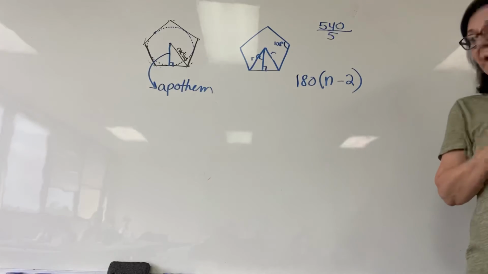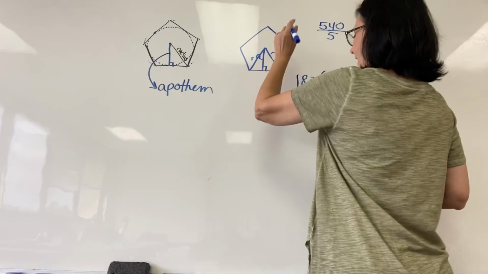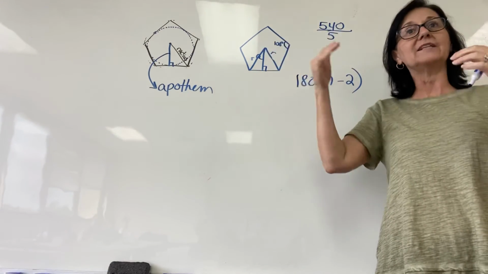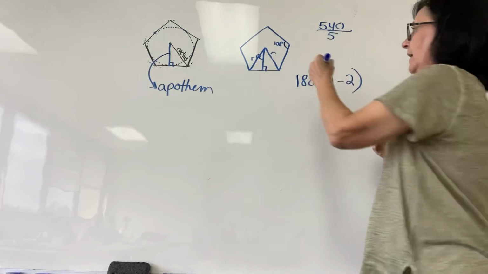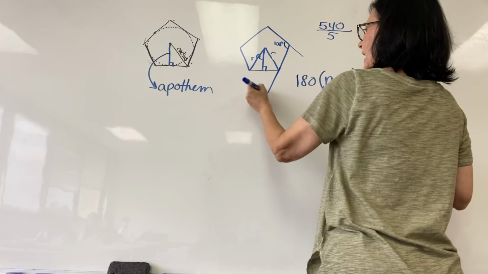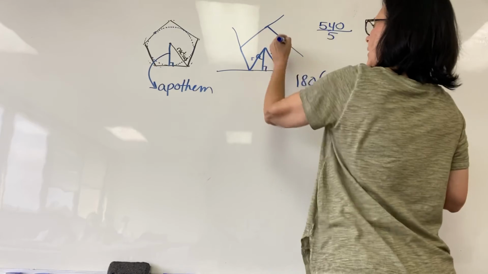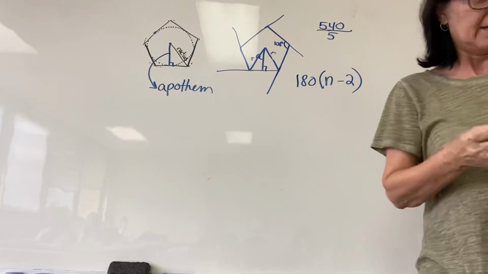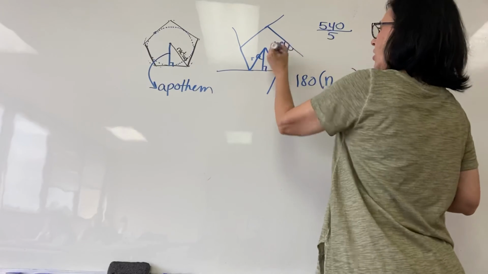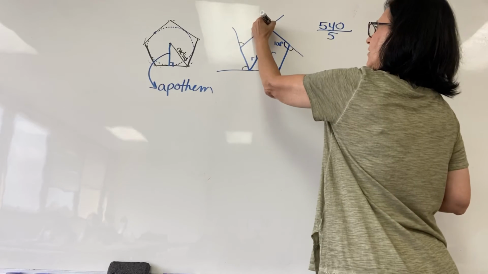And remember we talked about external angles. Okay? And you could have looked at what the internal angle is by looking at external angles. If I add all of the external angles, what's the sum of those angles? The sum of all of the external angles, do you remember external?